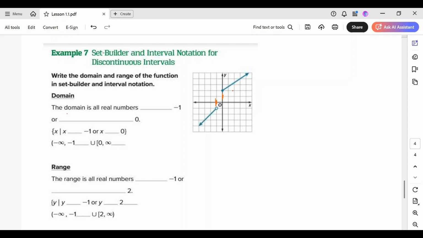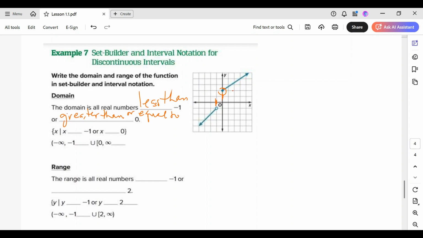So the domain of all real numbers is going to be less than -1, or, because notice that it's a solid dot when x is 0, greater than or equal to 0.